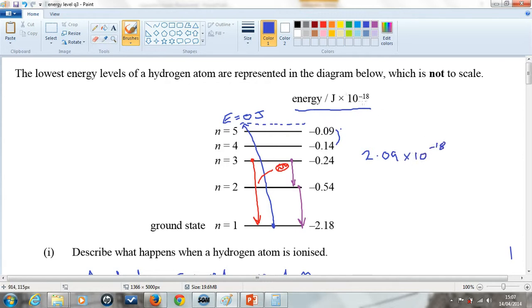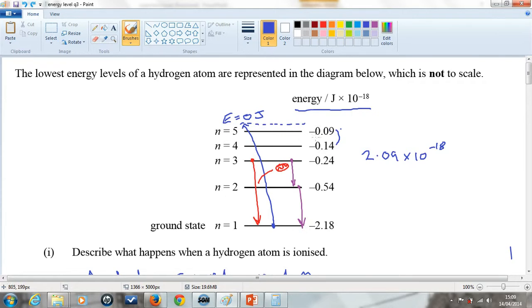Now everything here is in terms of 10 to the minus 18, so this makes life a little bit easier. I can see straight away that these energy level transitions are going to be far, far too small. So I'm going to be looking for something going down to the ground state.